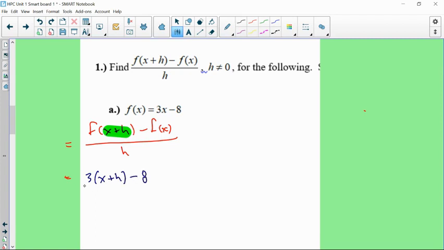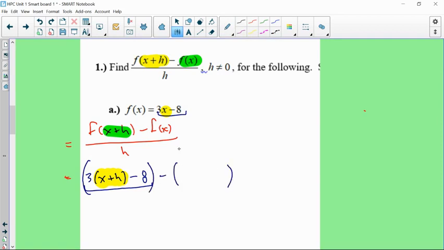So take a look. This is the structure of our function, right? It says do 3 times something minus 8. Well, my something is an expression, x plus h. So that's the f of x plus h part. Then I've got to subtract f of x. So that's my initial part minus f of x.